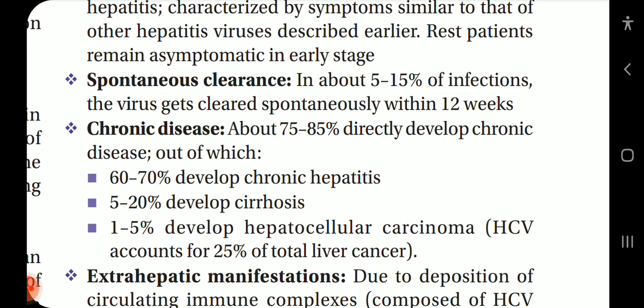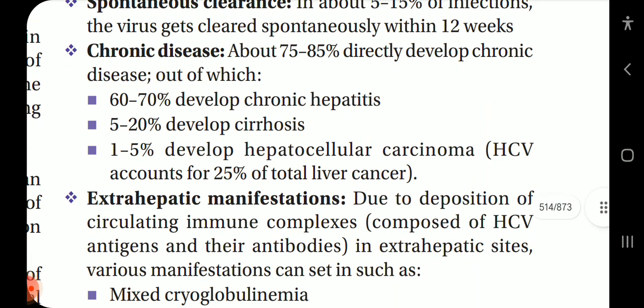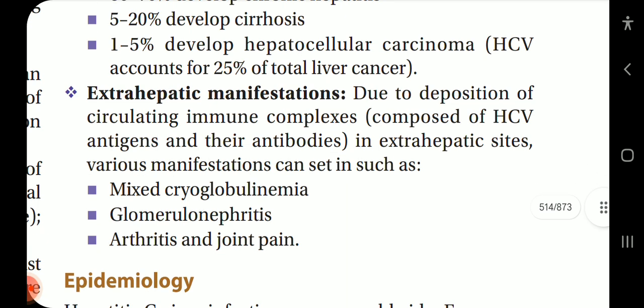Spontaneous clearance: in about 5 to 15% of infections, the virus gets cleared spontaneously within 12 weeks. Chronic disease: about 75% to 85% develop chronic disease, out of which 60 to 70% develop chronic hepatitis, 5 to 20% develop cirrhosis, and 1 to 5% develop hepatocellular carcinoma. HCV accounts for 25% of total liver cancer.